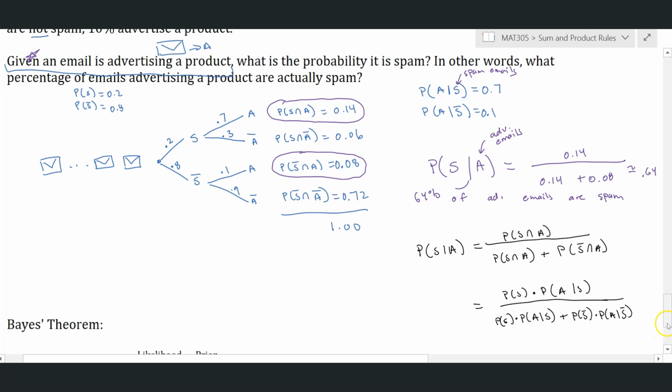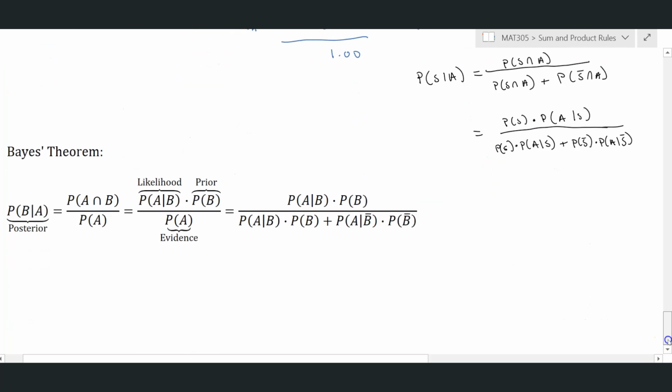And this is really Bayes' theorem here. Okay, so Bayes' theorem, given two events A and B, if we want to compute the probability of B given A, so that's what we call the posterior, then that's the percentage of emails that are both spam and advertising divided by all the ones that are advertising.